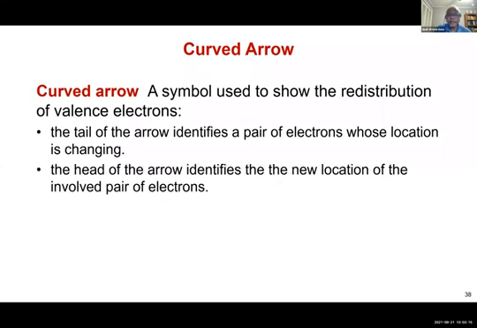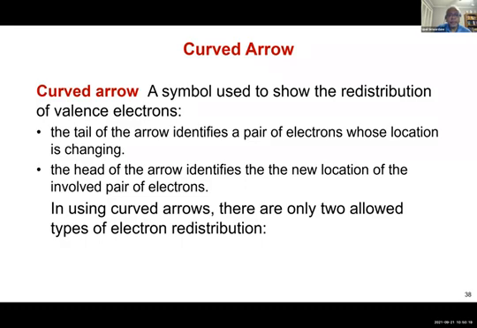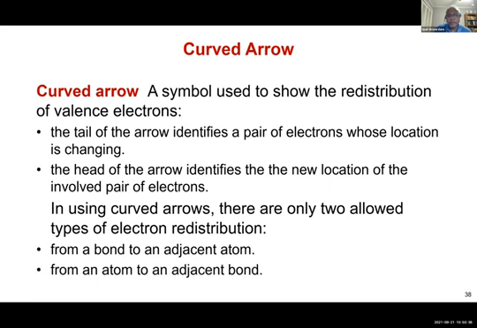The head of the arrow identifies the new location of the pair of electrons. In using curved arrows, there are only 2 allowed types of electron distribution: from a double bond to an adjacent atom, and from an atom to an adjacent bond.